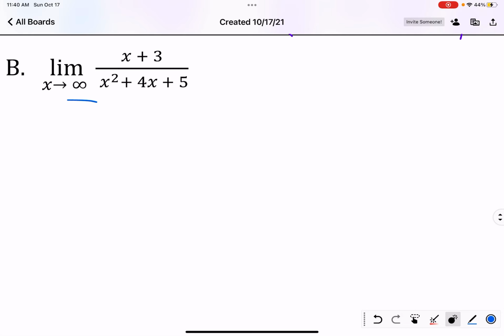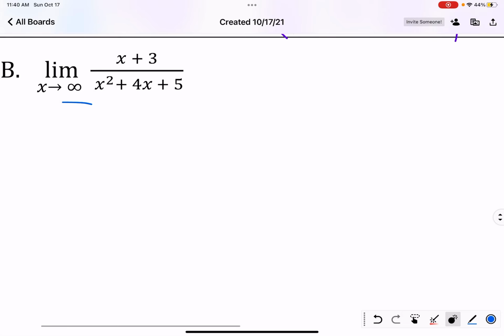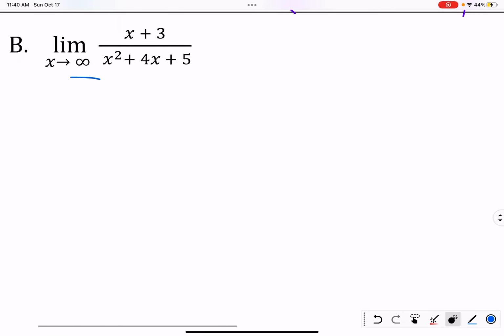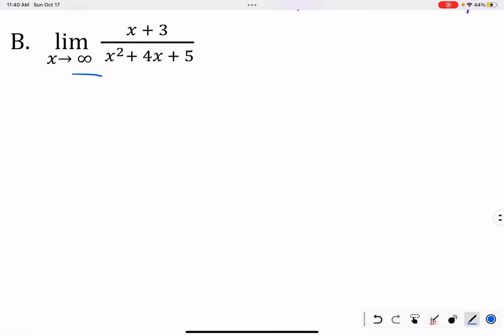So this collapses down to 0. That's exactly what's happening on the graph: there's an asymptote at y equals 0, and we did the graphical analysis already. Algebraically, we just divide everything by x squared and clean up the function.